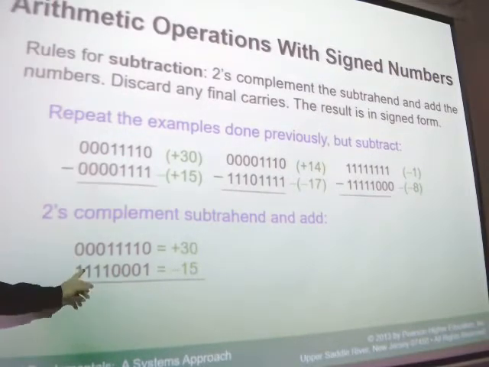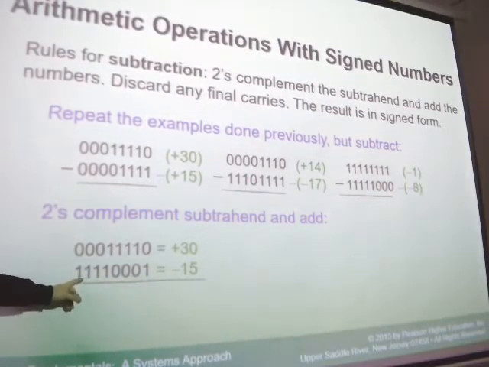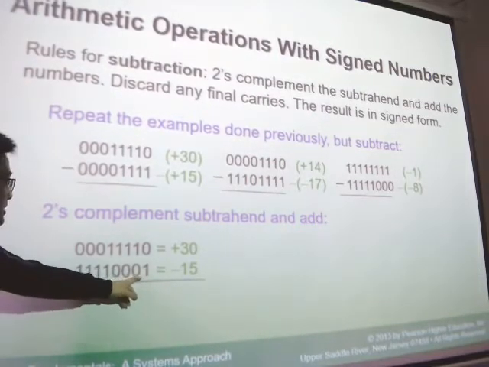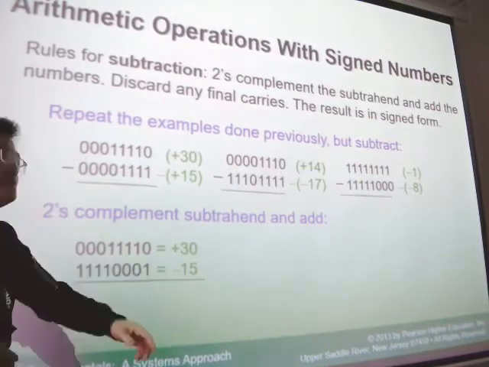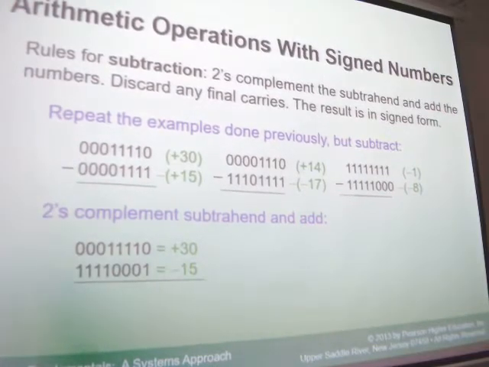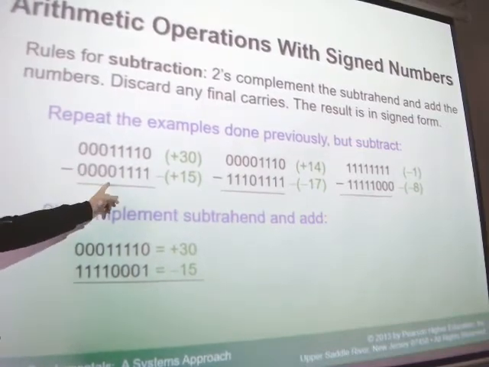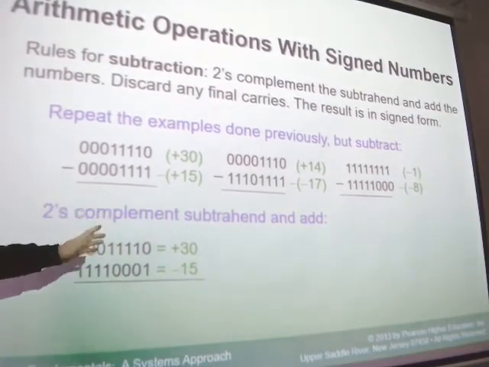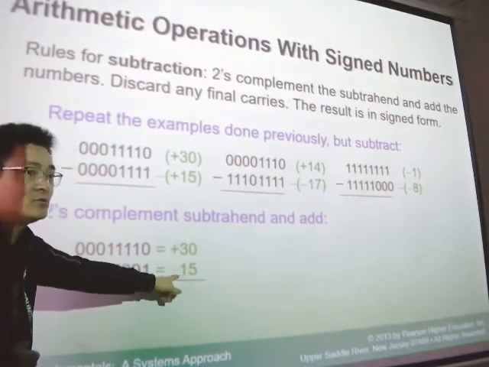Do you know how to get this number? This number is the two's complement of minus 15. Because this number minus this number equals this number plus this number, right?